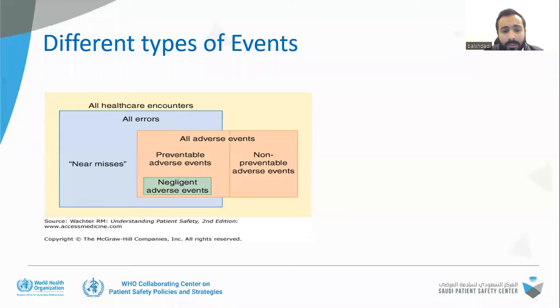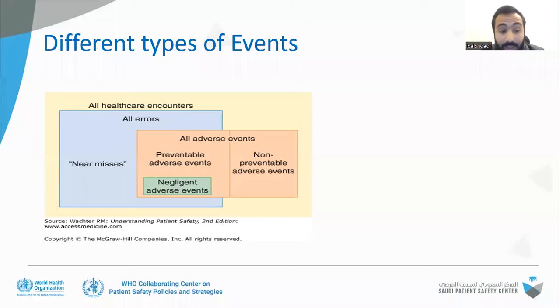So next, please. What are the different types of events? As we all know, there are multiple types of events and multiple definitions of safety events, but in general, most patient safety experts agree that there are near misses, or what we call good catches, and adverse events, which we can divide into preventable and non-preventable adverse events.